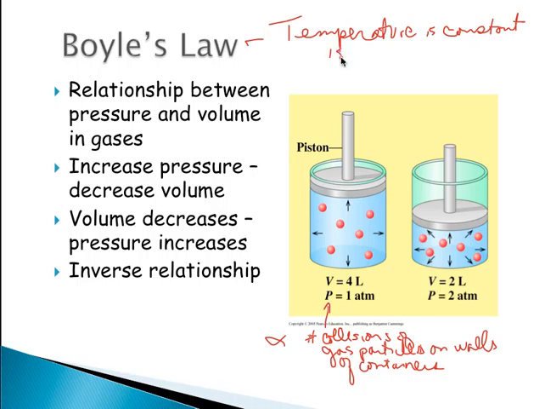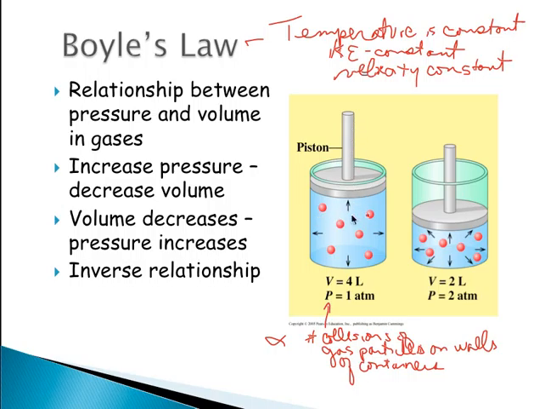So that means my kinetic energy is constant, and since it's the same gas, my velocity of the particles, V-E-L-O-C-I-T-Y, is constant. So these particles are moving at the same speed.